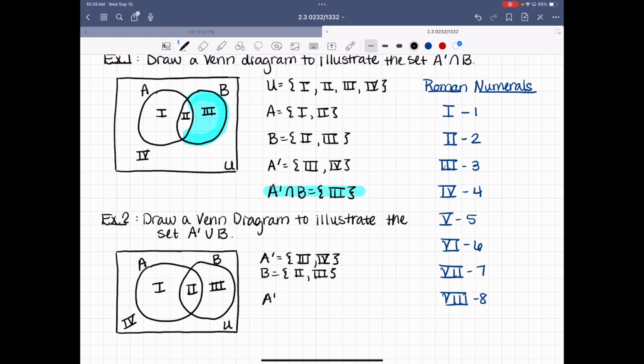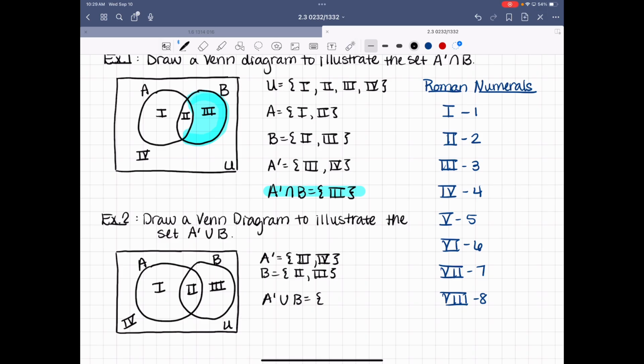And so you should be able to tell me what A complement union B equals now. When we do a union, all we do is what? Write down everybody that is in those two sets, right? Because when we do a union, we include everybody. Everybody joins together, okay?